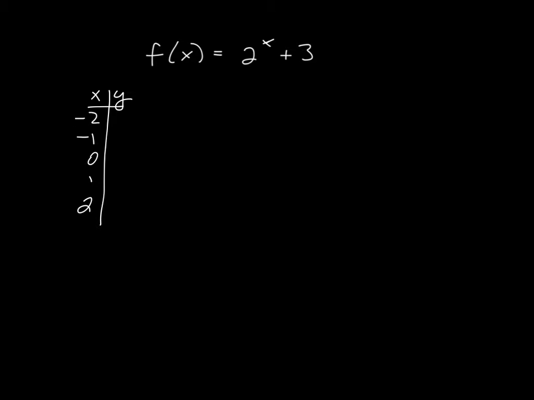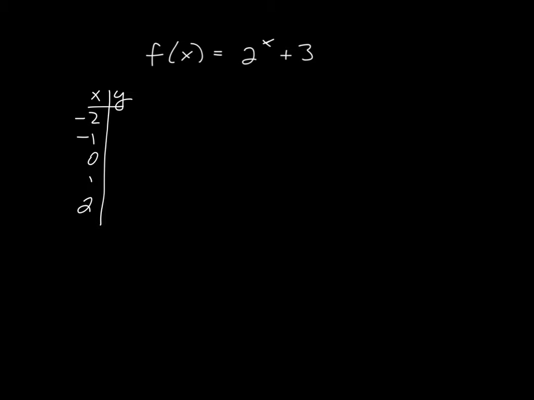Only this time, whatever we get for our answer, so if I take -2 right here, plug it in here, same as last time, I'm going to get 1/4, but then it's always +3. So it's 1/4 + 3. And this would be one time where maybe we could just put 3 1/4. I hate to do that.